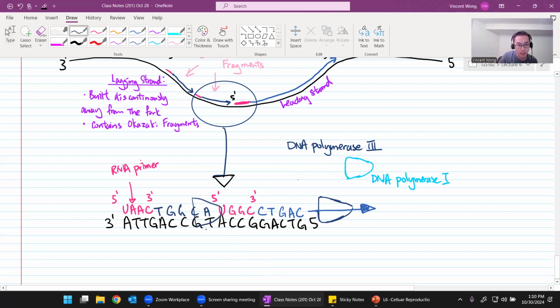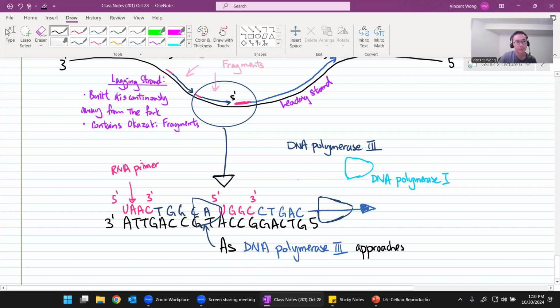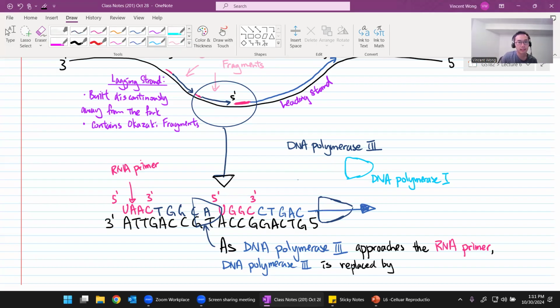Let me try to write it out for you. As DNA polymerase 3 approaches the RNA primer, DNA polymerase 3 is replaced by DNA polymerase 1.